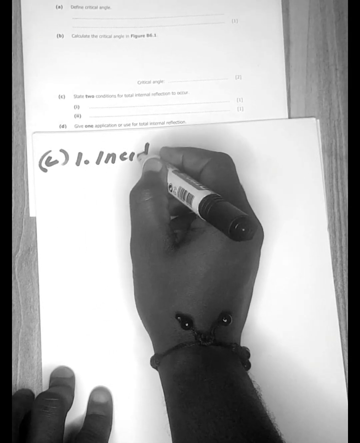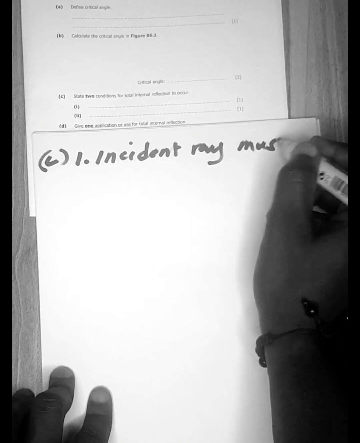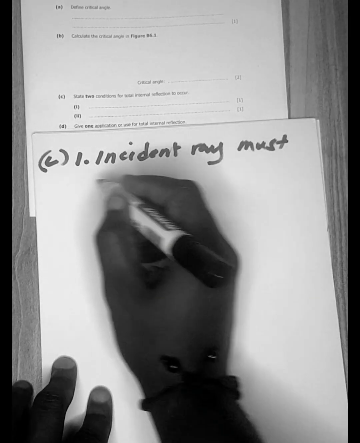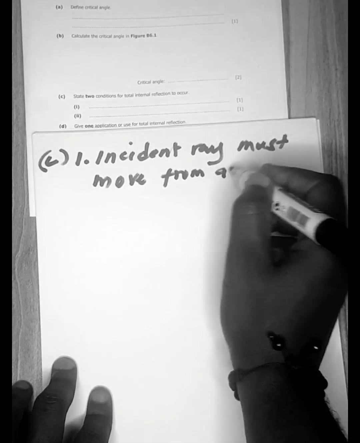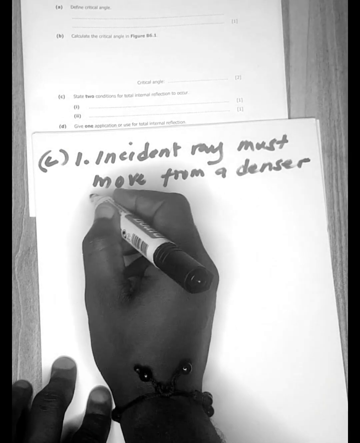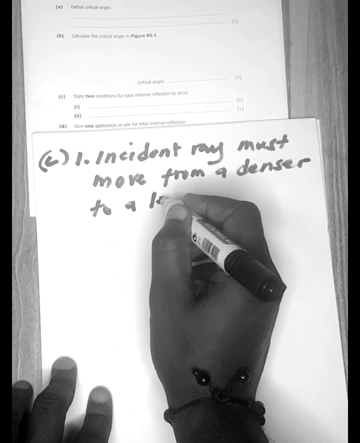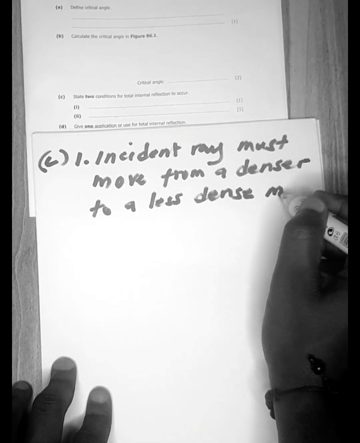So one of the conditions is that the incident ray must move from a denser to a less dense medium.